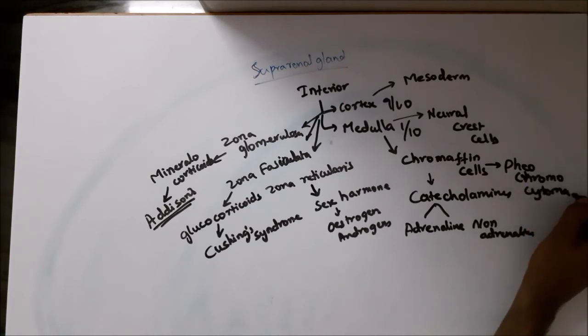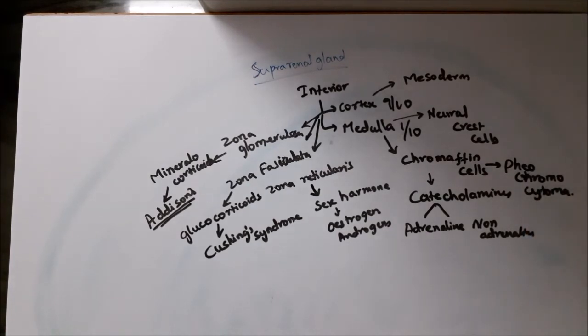So that is the applied aspect for the different zones of this suprarenal gland, that is the outer cortex, which is a derivative of mesoderm. It is divided into three zones: zona glomerulosa, zona fasciculata, and reticularis. Zona glomerulosa is concerned with secretion of mineralocorticoids. If there is a decreased secretion of mineralocorticoids, that is Addison's disease.